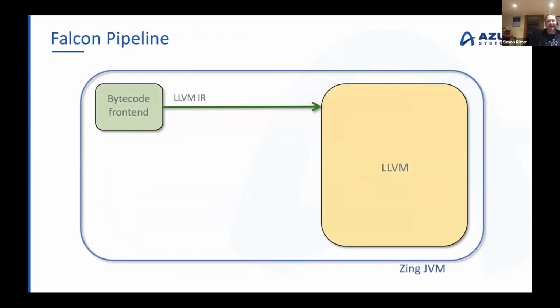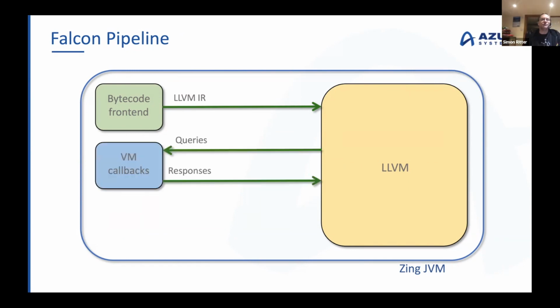If we look at how the code that's generated by Falcon works, what we find is that we've got the bytecodes as our front end. Those get converted into the intermediate representation by the underlying JVM code, and that's what we pass to LLVM. LLVM then needs to understand how to optimize that particular method.